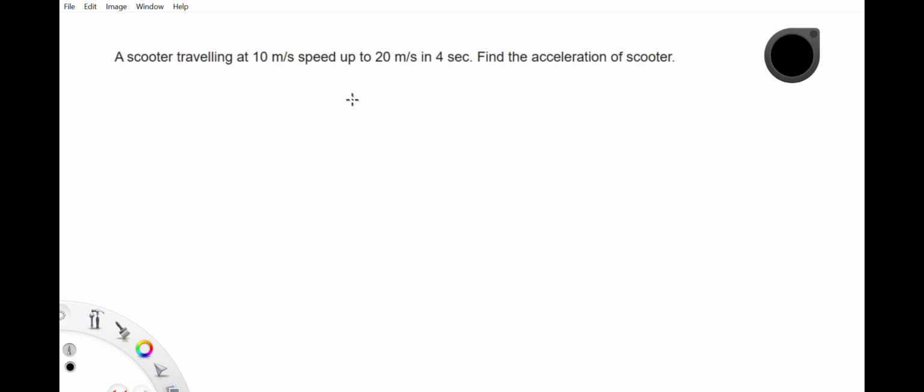Now let us have a look at this very simple numerical. This numerical says that a scooter traveling at 10 meters per second speeds up to 20 meters per second in 4 seconds.